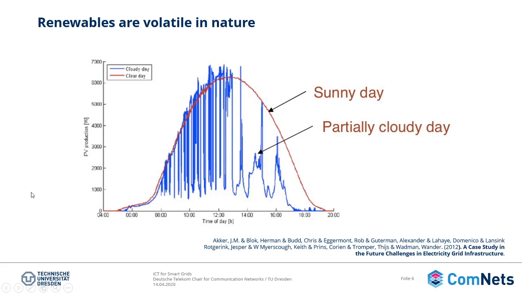So therefore you cannot really rely and have a lot of confidence in these renewable sources because they are completely volatile in nature. So does that mean that we don't rely on them at all?